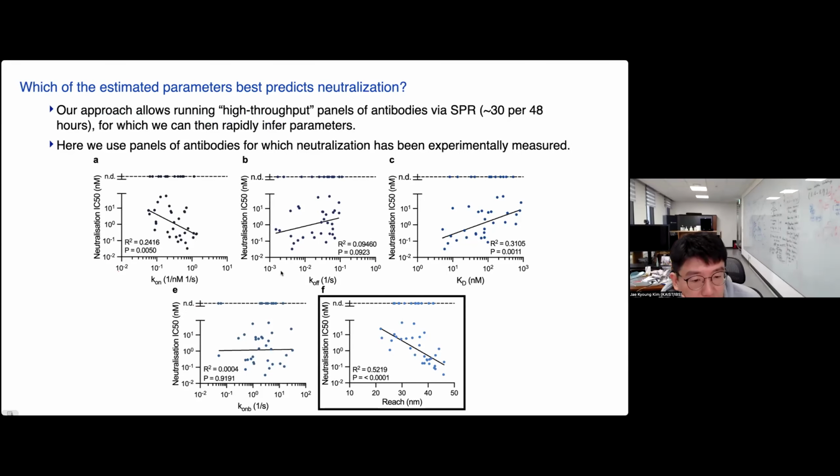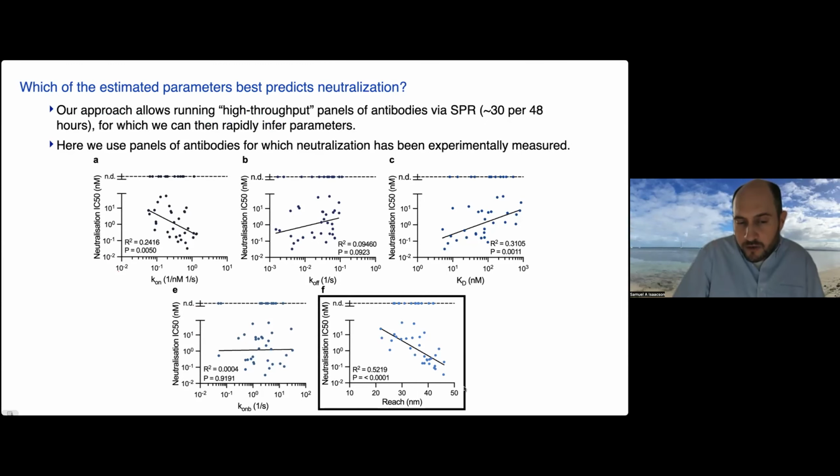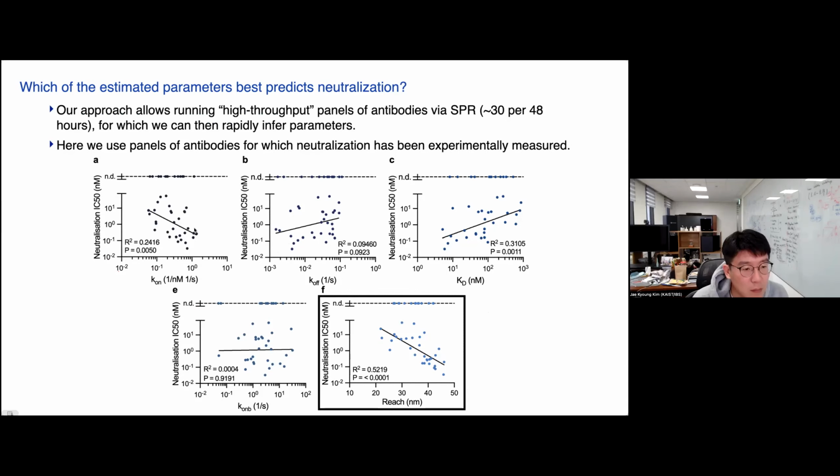And you see very clearly the one that correlates the best is the reach. So the longer your reach is, the smaller the IC50, and that means you need less antibody to neutralize the antigen, i.e. the antibody is neutralizing the antigen better. It's noticeably better than any other parameter, much better than the monovalent parameters.